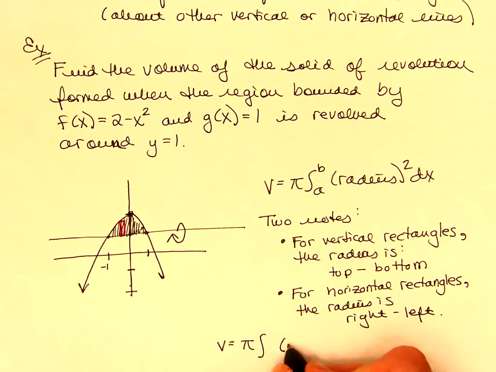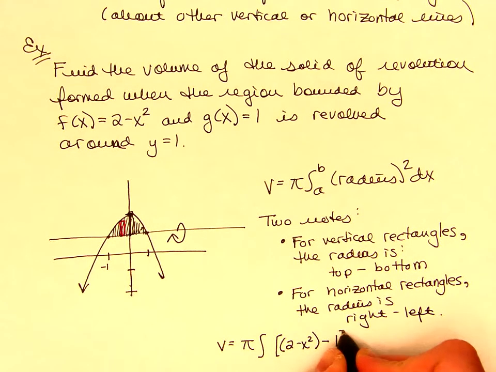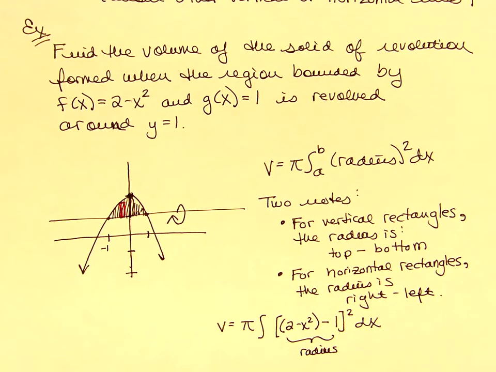I'm going to say 2 minus x squared, that top function, minus 1, the bottom function, and I'm going to square that, and integrate dx. Realize this is not a washer method subtraction sort of thing where I did the outer radius squared minus the inner radius squared. There's just one radius. This entire subtraction problem itself is my radius, which I'm then squaring.